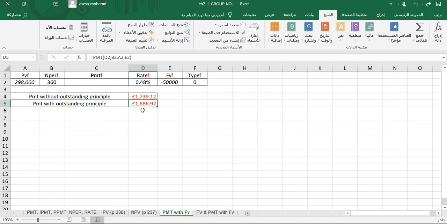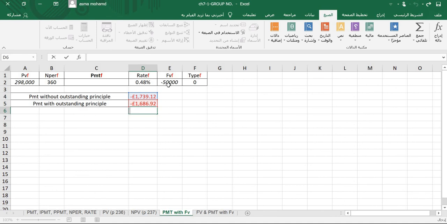If you see the difference, it's very few. It's just 52 riyal each month. Either you pay 50 riyals more each month, or you pay at the end of the period the 50,000 riyal.